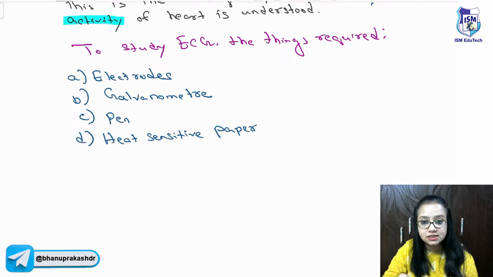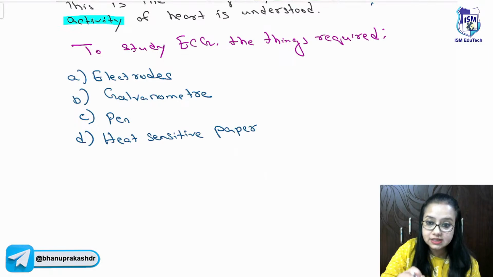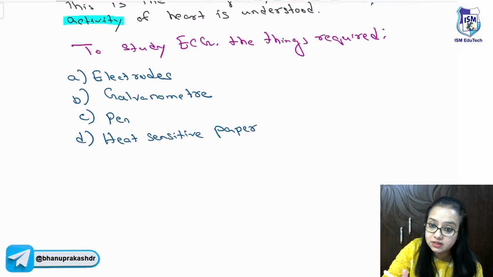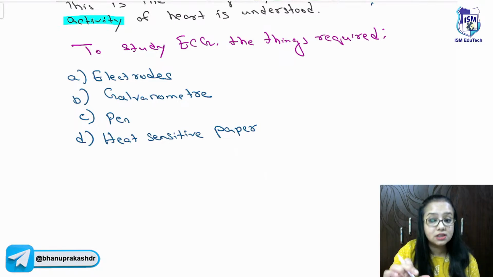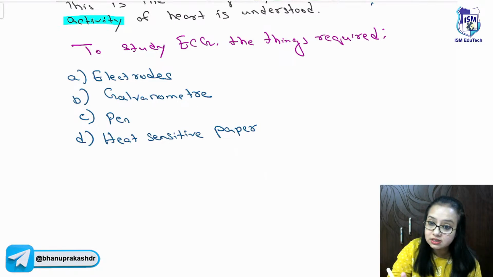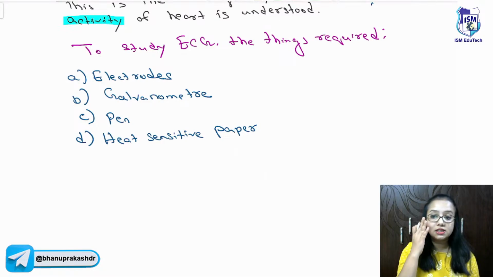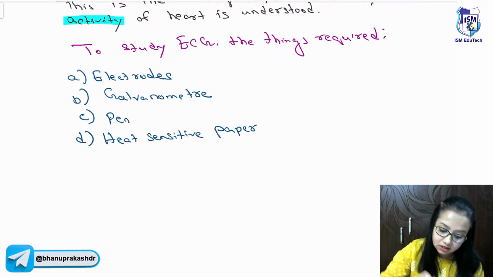This heat sensitive paper will sense the heat which is generated by the electric activity, and by moving up and down it will do the tracing. So through this activity, when we see the graph that is reflected on the ECG paper, we understand the electrical activity of the heart.